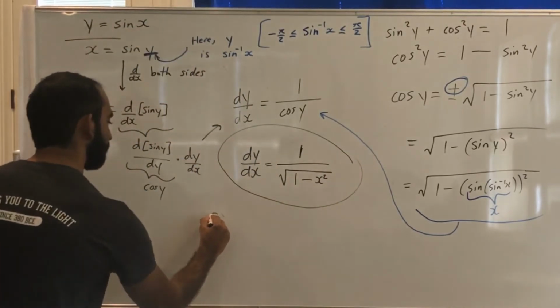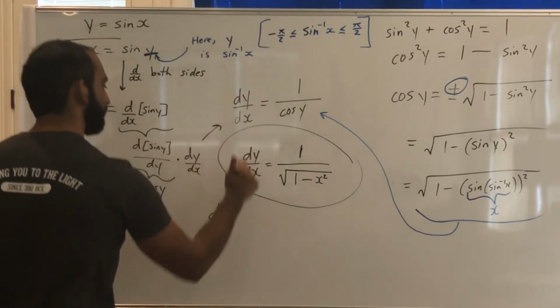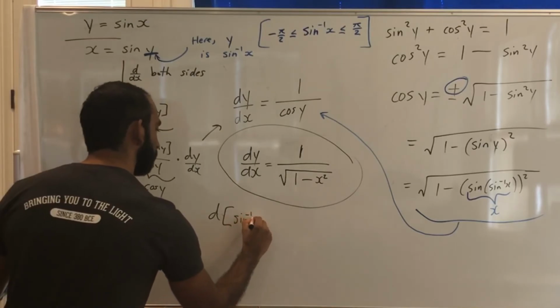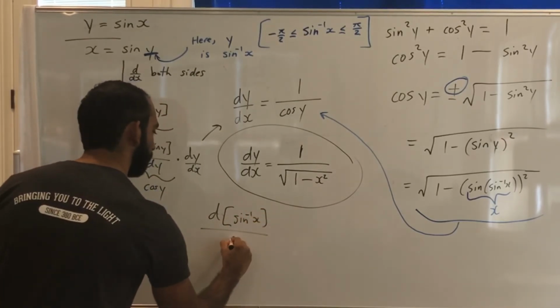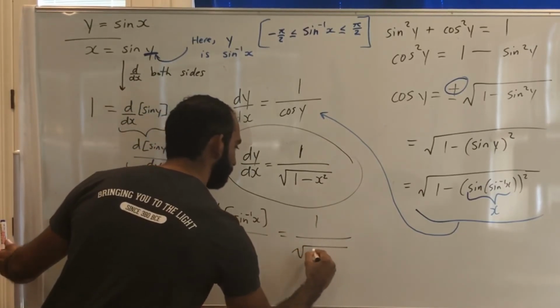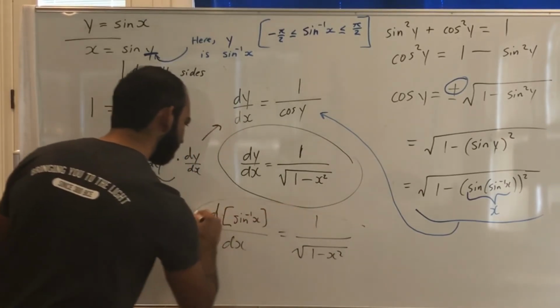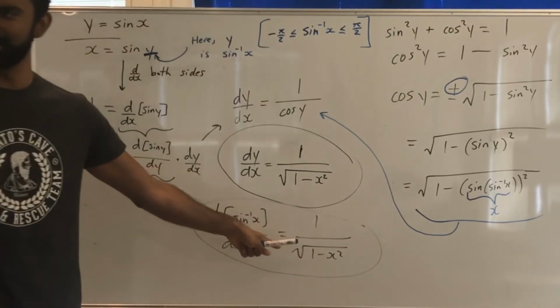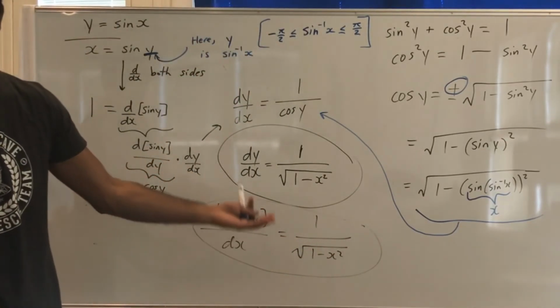Actually, I'll write it out as a formula. So the derivative of inverse sine of x is just 1 over the square root of 1 minus x squared. So you don't see any weird trig stuff in there, do you? Just an x and square roots.